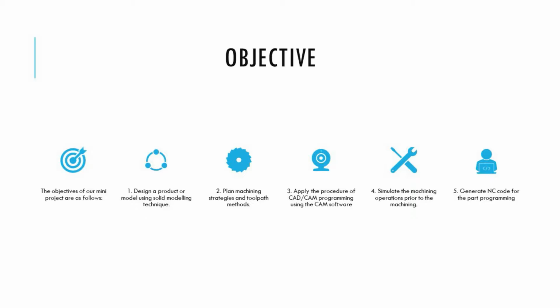Third, we have to apply the procedure of CAD/CAM programming using the CAM software. Fourth, we will simulate the machining operation prior to the machining. And fifth, we have to generate NC code for the part programming.